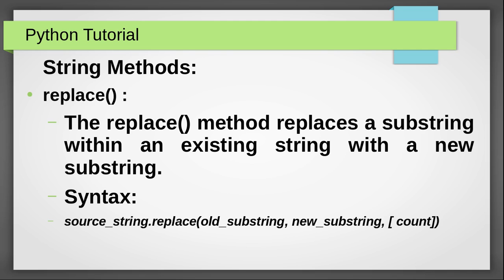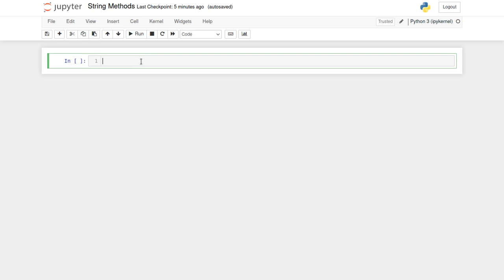The syntax for the replace method is source string dot replace, and it takes three arguments: old substring, comma, new substring, and count. The count is the optional parameter. Every method we are going to access through the dot operator. So let's see the example.